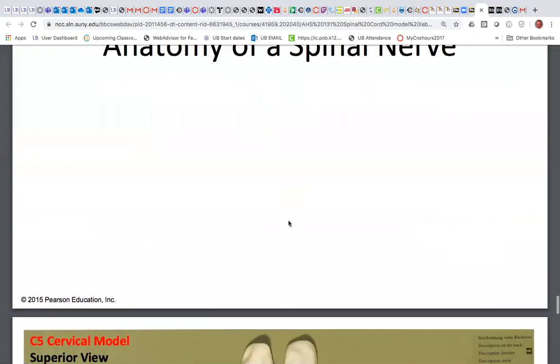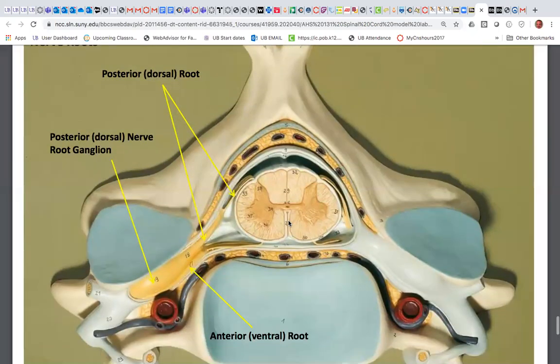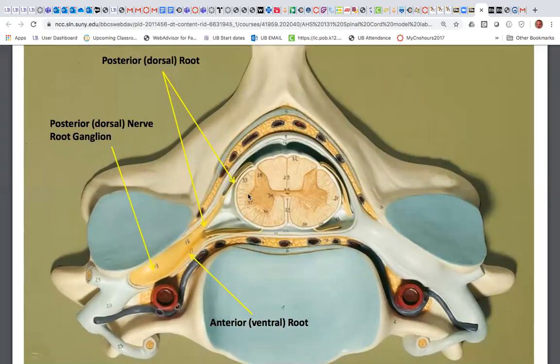Okay, let's look at the anatomy of the spinal nerve. So remember, this is a little bit of a typo. Yes and no, a little bit. I want to show you something. So here's the dorsal root ganglia, right? That large swollen portion. Here, let's say this first arrow, you see where it says dorsal root or posterior root? It's got two arrows.